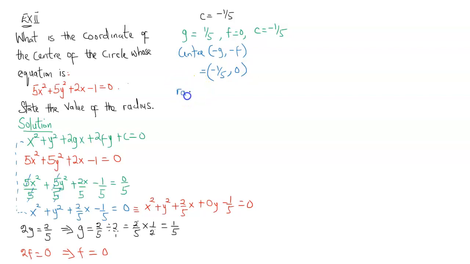So the radius is the square root of g squared plus f squared minus c. So substituting those values, g is 1 over 5, that's 1 over 5 all squared. f is 0, that's 0 squared, minus, so c is negative 1/5, so I'm going to have this enclosed.